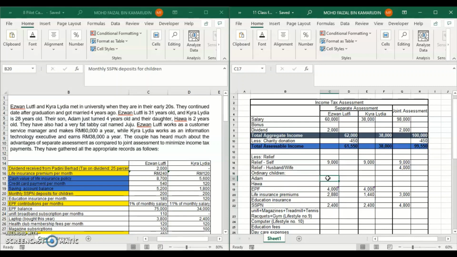Try to understand, because each type of child has a different treatment. I would strongly advise you to look into item number 17, 18 and 19 to have a full understanding of how we treat children, especially children with disability.